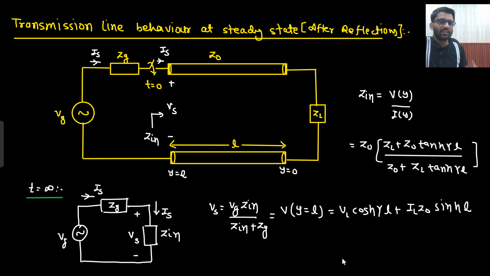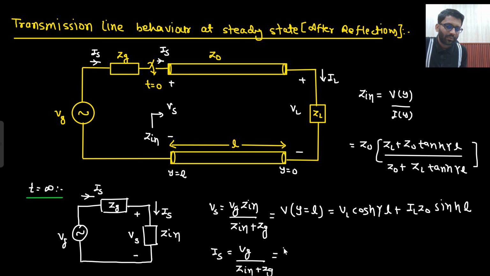We will see the questions, but as of now we are building up the concept that if they are asking the steady state values Vg, Vs, Is, or they can ask VL, IL as well. If they are asking steady state values, that means you need to replace your transmission line with Zin. And if you have replaced it with Zin, then you can find Vs and Is. What will be your Is? Is will simply be Vg upon Zin plus Zg.